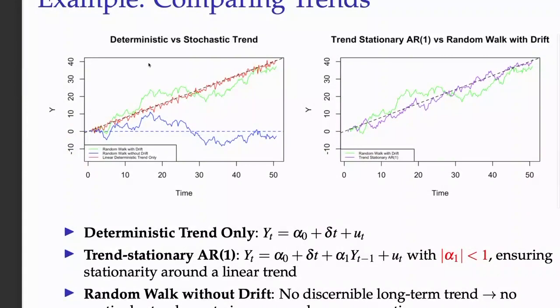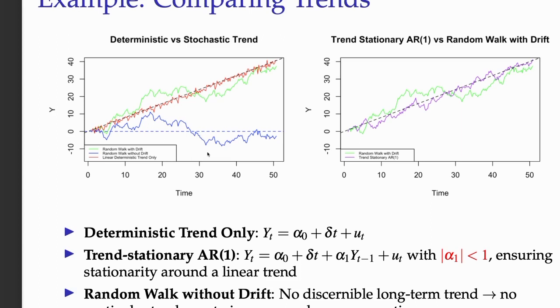We've seen that the deterministic and stochastic trend are different. The blue line is the random walk without drift. We can see that there's no obvious pattern for it to go up or down. It basically randomly wandered, with no obvious trend.